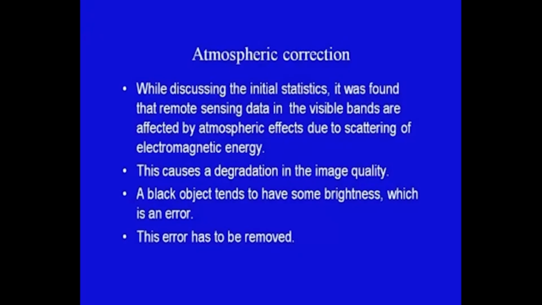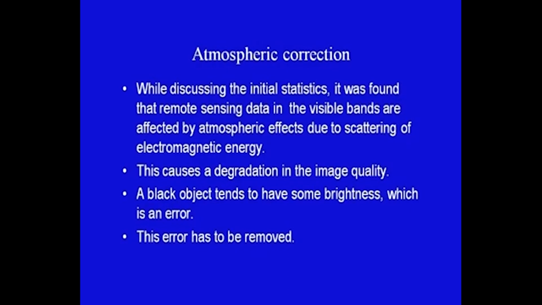First of all, let us look at some of the radiometric corrections which have to be done. First is atmospheric correction. While discussing the initial statistics, it was found that remote sensing data in the visible bands are affected by atmospheric effects due to scattering of the electromagnetic energy.